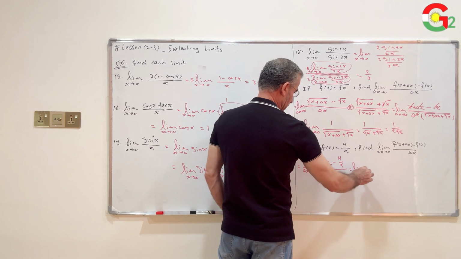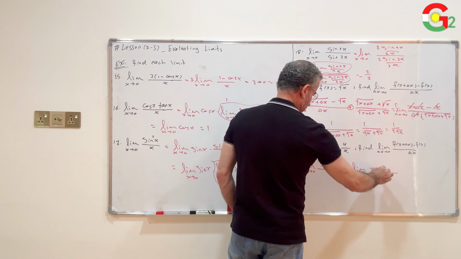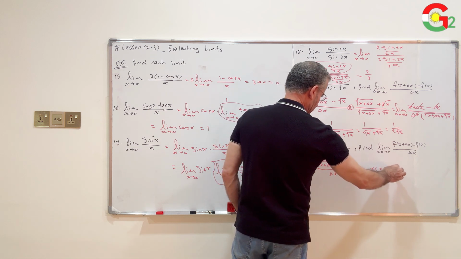The limit will be the limit as delta x approaches 0. The common denominator is x times x plus delta x.